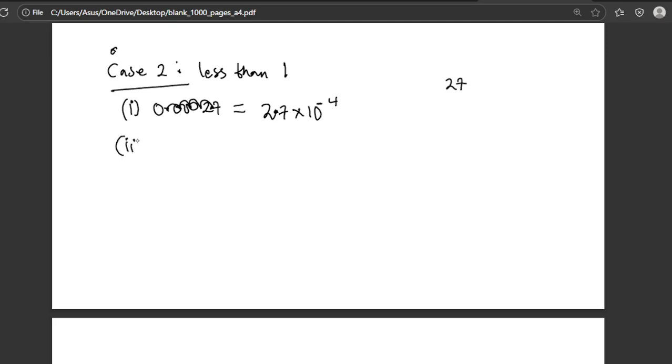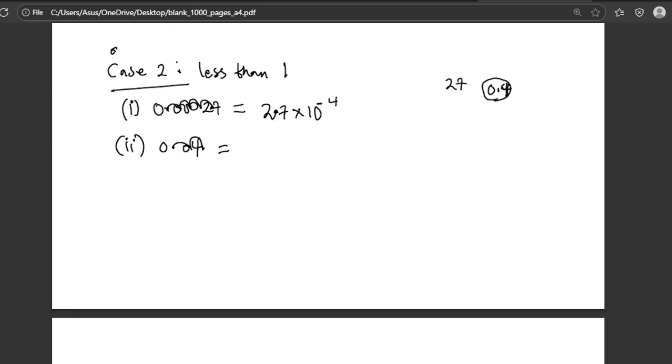Second one is 0.04. It's quite simple. The decimal point also moves to the right. We have 1, 2. In this case do not stay between 0 and 4, because if you just leave the original point between 0 and 4, it will not satisfy the condition of standard form, which says that number A here has to be between 1 and 10.